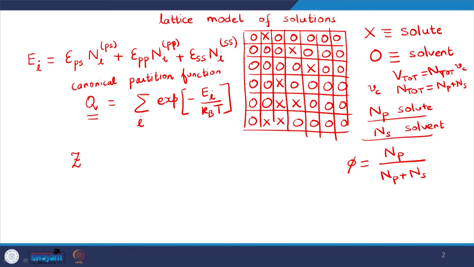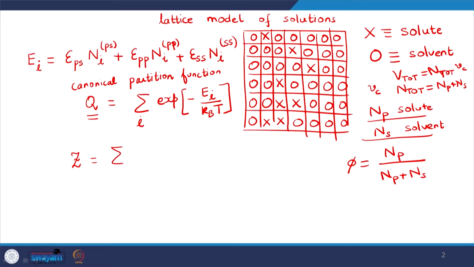But then if I also had to include the momentum contribution to that, if you think about it, I can write that as something like summation over I of exponential of minus Hamiltonian divided by kBT, and that will now contain a kinetic energy part in addition to the EI here. Now, that kinetic energy part, if we think about it, is going to be a function of momenta only, right.